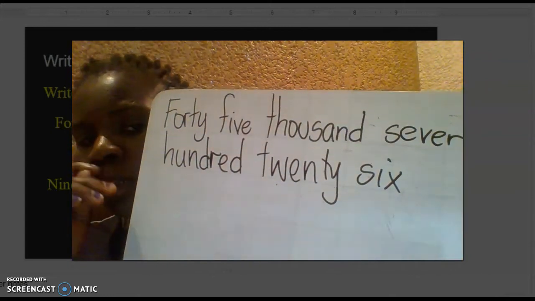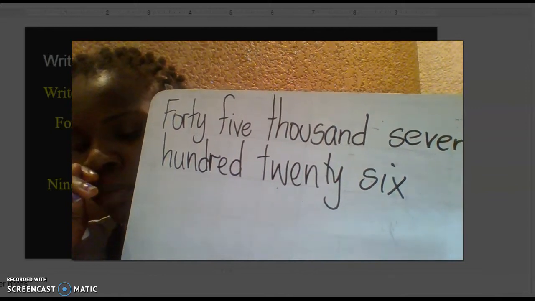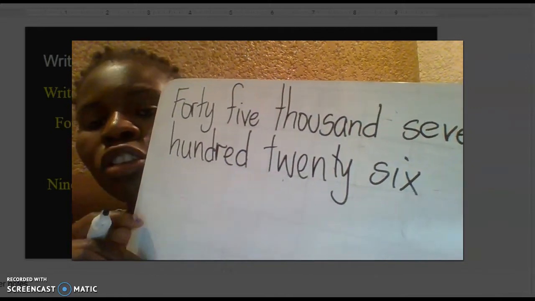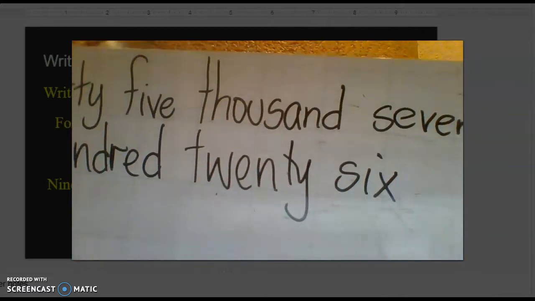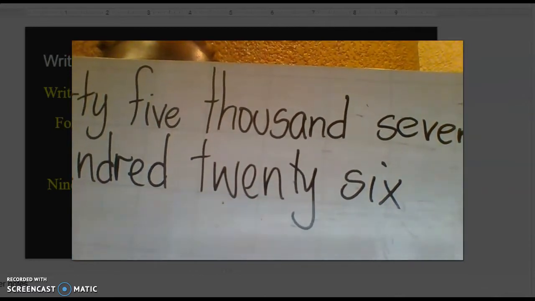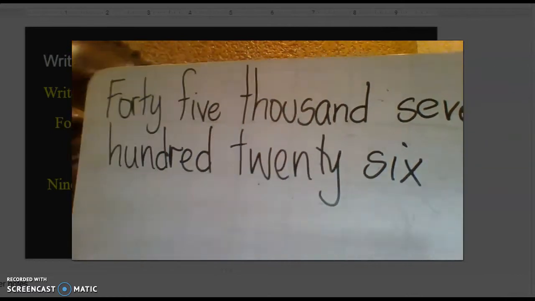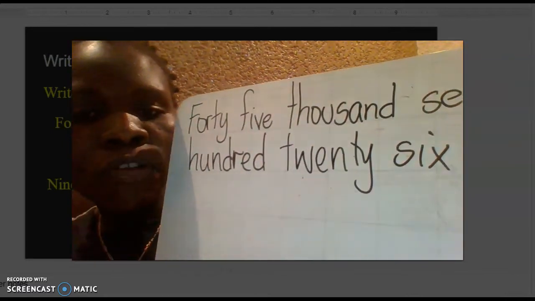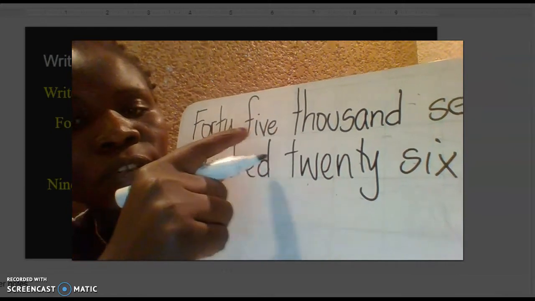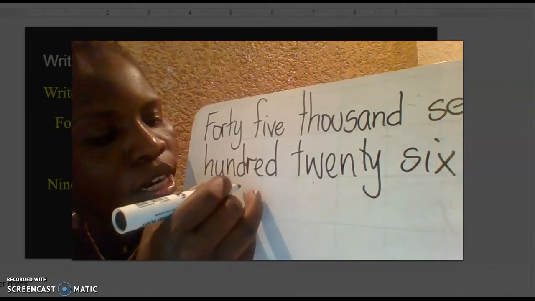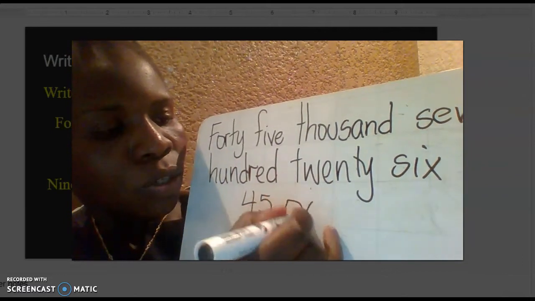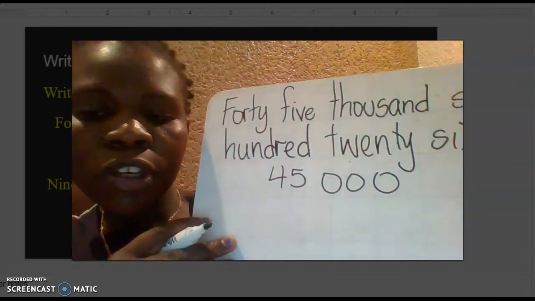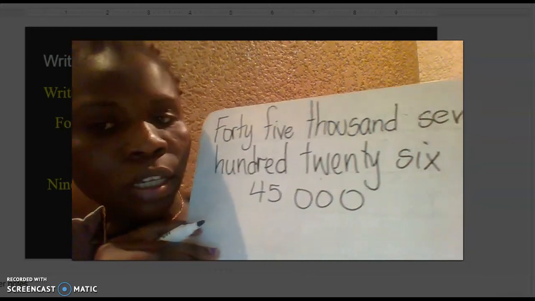We need to see how we are going to write this number in figures. The first thing you're going to do is write that number starting with the highest value. Our highest value is going to be 45,000. So I'll write 45,000.